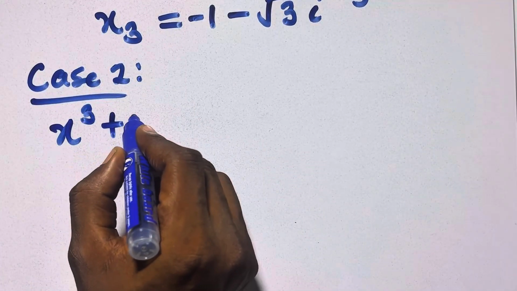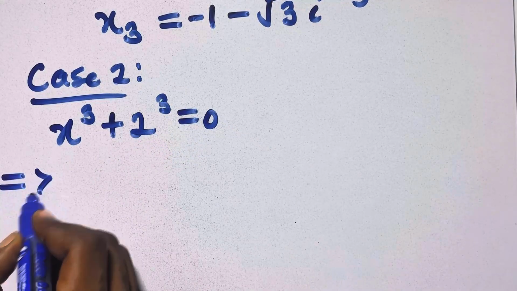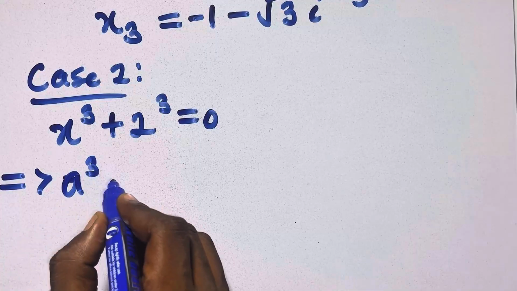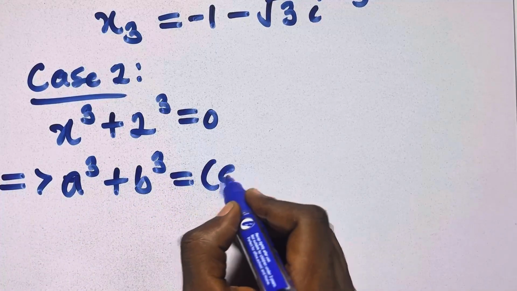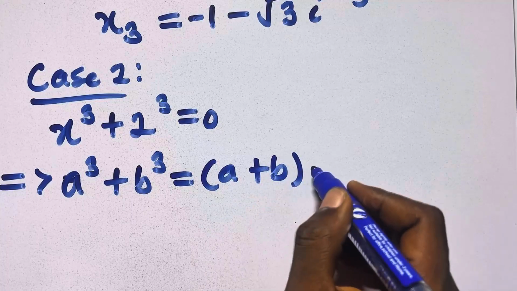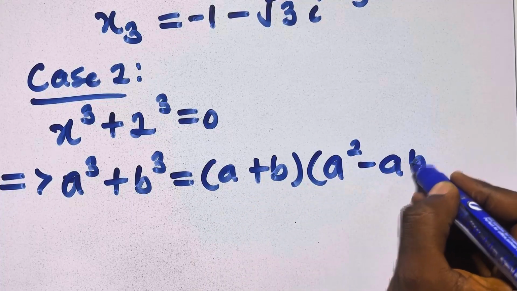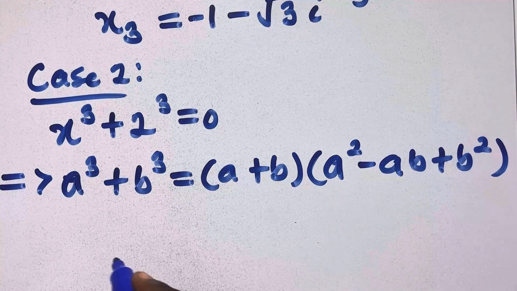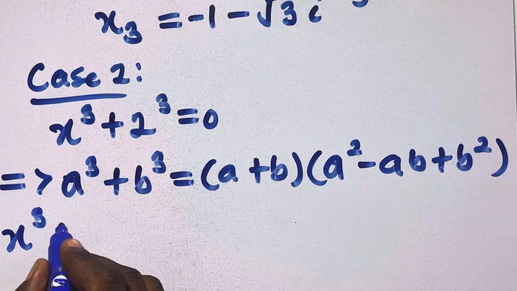The case 2 equation says x raised to the power 3 plus 2 raised to the power 3 equals 0. The first thing you have to remember is the sum of two cubes, which is equal to a plus b, then a squared minus ab plus b squared. I hope you are following.